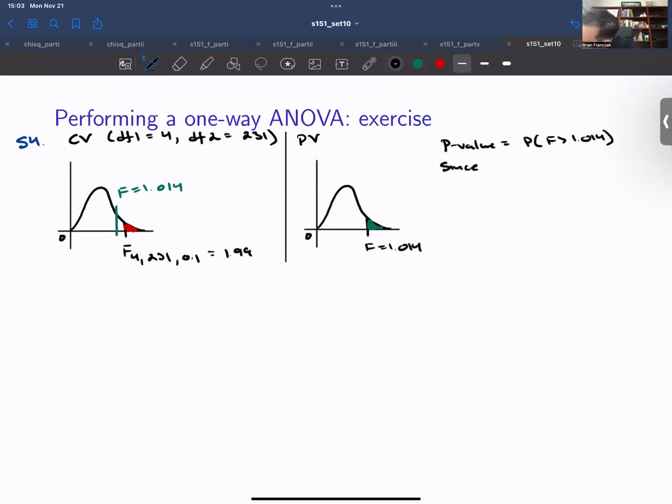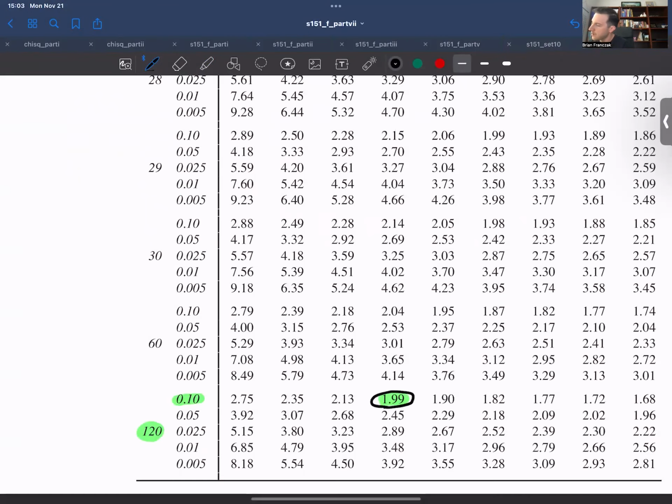Now what we do is we go back to our F table. In this case, we're going to take 4 and 120 degrees of freedom because we can't go any higher than 120. And now we're going to look for our value. You can see that our value, 1.014, is smaller than the smallest listed value, which is 1.99.